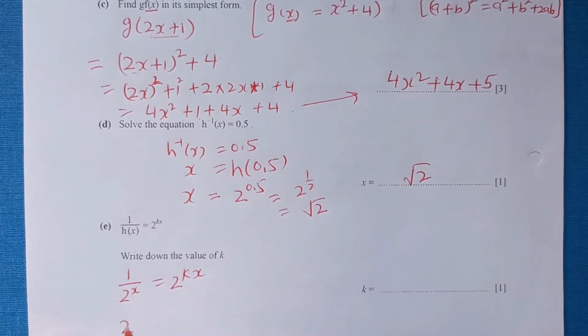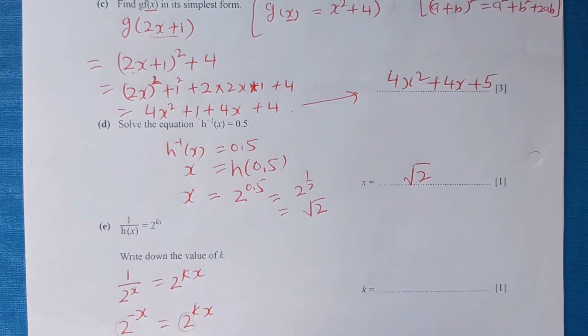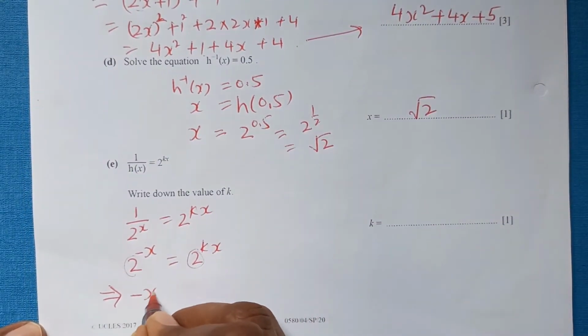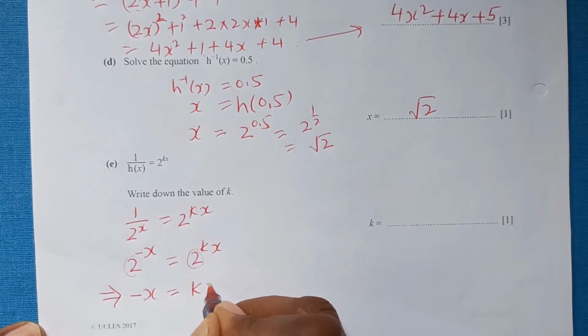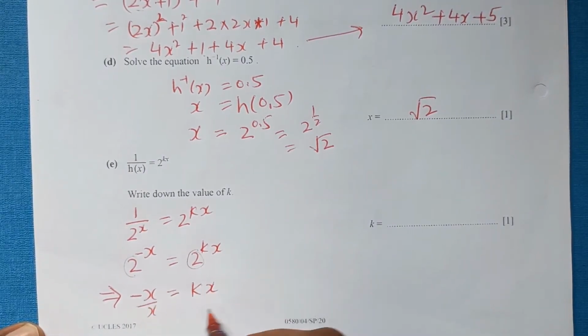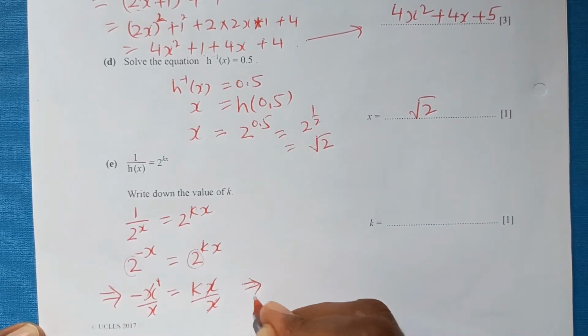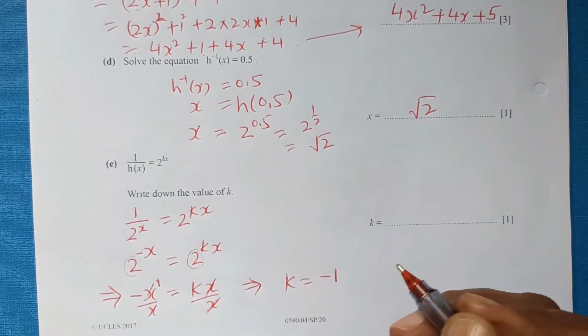This can be written as 2 power negative x equals 2 power kx. Equating the powers, because the base is the same, negative x equals kx. Divide by x, so k is negative 1.